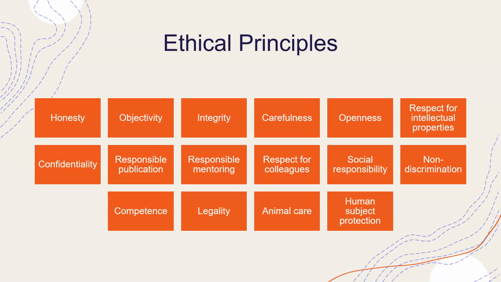Responsible publication. Publish in order to advance research and scholarship, not only to advance one's career. Avoid wasteful and duplicative publication. Responsible mentoring. Help to educate, mentor, and advise mentees or students, promote their welfare, and allow them to make their own decisions. Respect for colleagues.